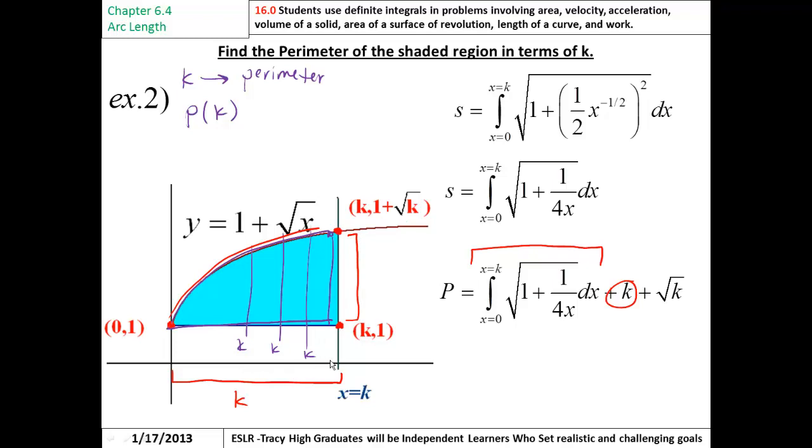If k is 4, then this length here is going to be the square root of 4, which is 2. If it's 9, it's going to be 3. And so you've got that proportionality there as well. And so in its entirety, this gives you the perimeter of the entire expression.